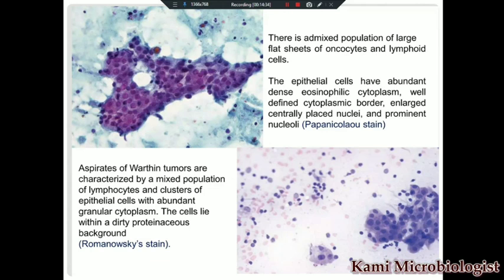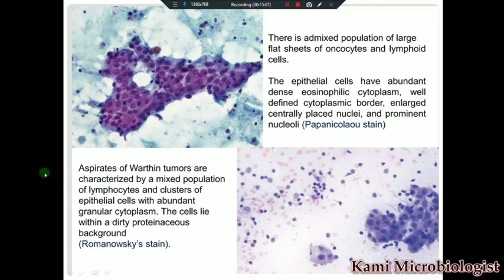These two are other fields. The first picture is stained again with the Papanicolaou stain, and shows a mixed population of large flat sheets of oncocytes and lymphoid cells. The epithelial cells have abundant dense eosinophilic cytoplasm, well-defined cytoplasmic borders, enlarged centrally placed nuclei and prominent nucleoli.